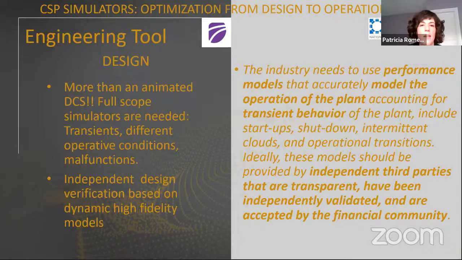What is happening if my controller is failing? So we need this kind of tools. And once again, we are independent from the EPC or owner, so we can support them, but we can give, with our experience and our simulators, another point of view.